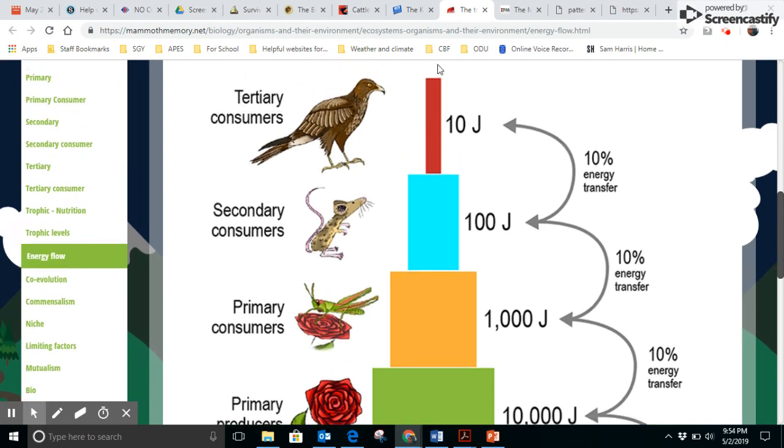We have a tertiary consumer. You really don't get much more than that. And the reason for that is because it's just too hard to get a wide enough base to go much beyond that. There wouldn't be enough organisms to have a healthy stock where you wouldn't be worried about inbreeding.